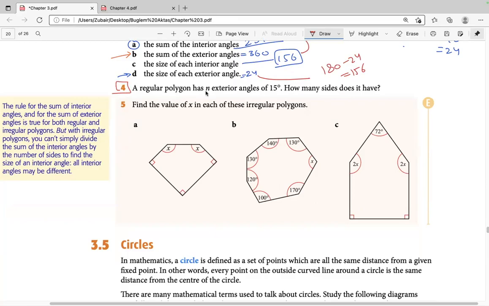Question 4 says a regular polygon has n sides and exterior angles of 15 degrees. How many sides does it have?